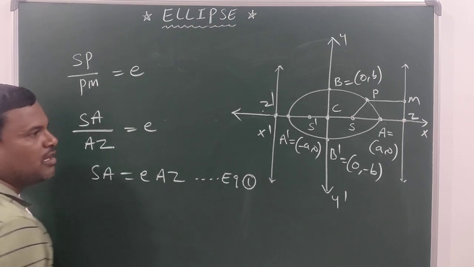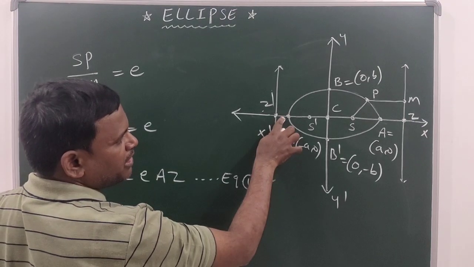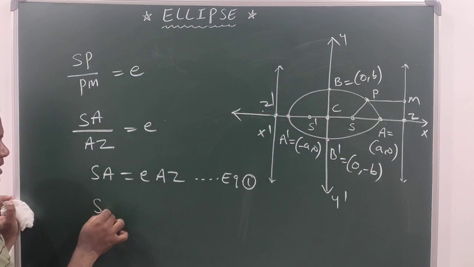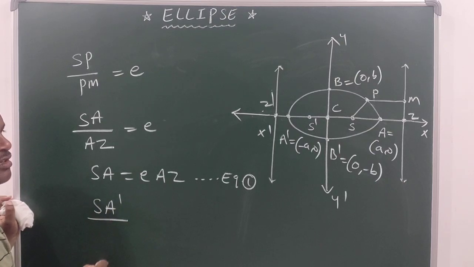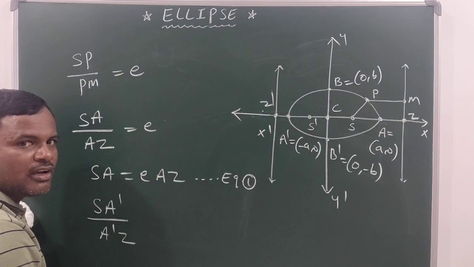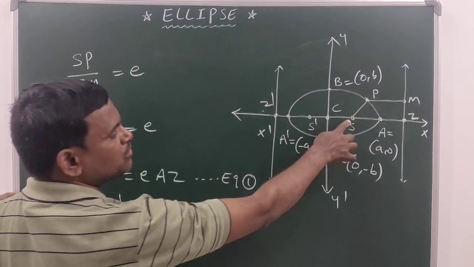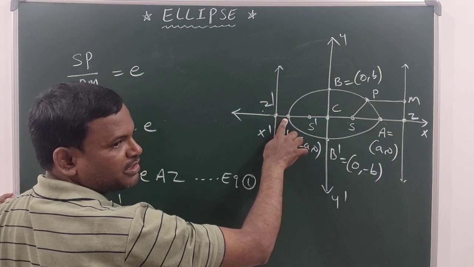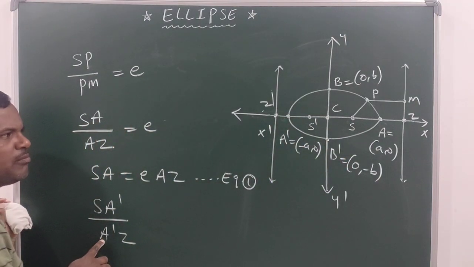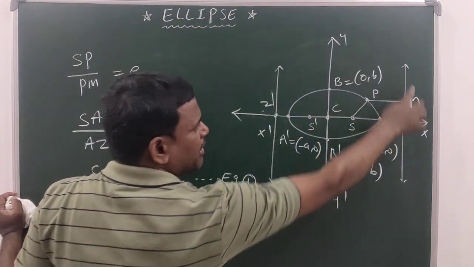Similarly, I am going to consider the locus point A dash. If you take A dash as the locus point, then the eccentricity definition becomes SA dash by A dash Z. I am defining the eccentricity with respect to this focus and this point A dash, so SA dash by the distance from this locus point to the directrix.